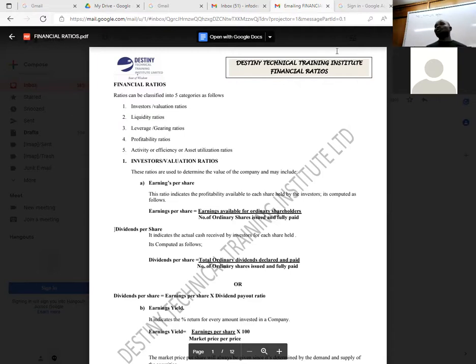I'm going to zero in majorly on the liquidity ratios, the profitability ratios, and the efficiency ratios. As you go to the exam, there are 10 ratios which I want you to have. We are going to do a summary of those ratios, then we do questions. Those 10 are the most examined.